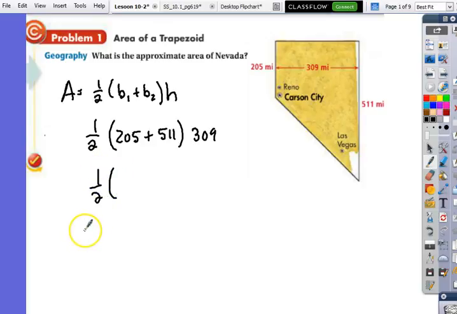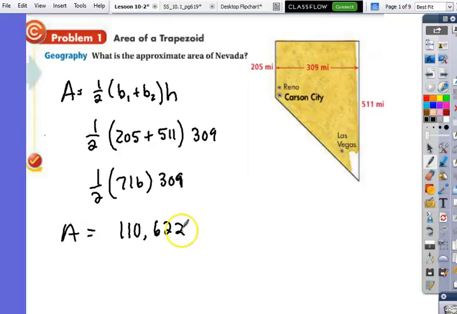So that's going to be 1/2 times 205 plus 511, which is 716. And you don't have to break it down. You can just put all of that stuff in your calculator. And then 1/2 times 716 times 309 is going to net me 110,622. And remember, that's square miles. So that's just a direct application of the formula.